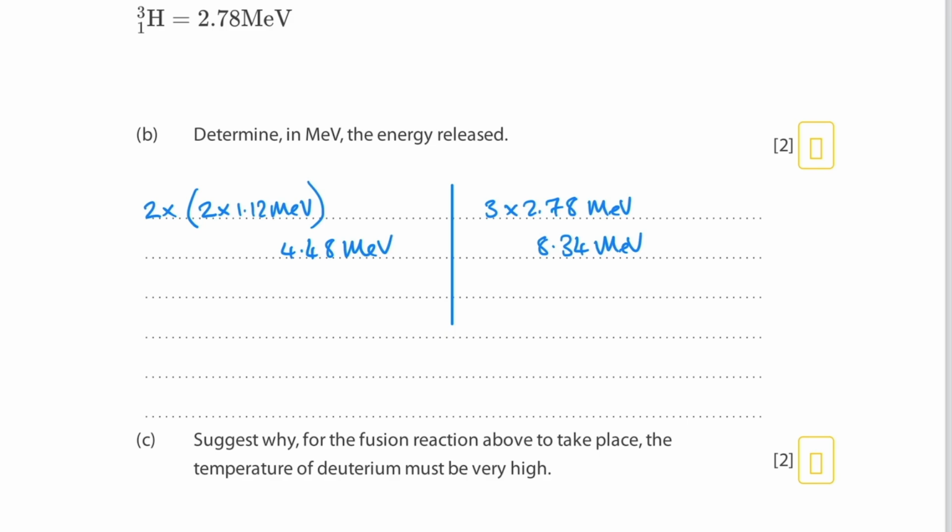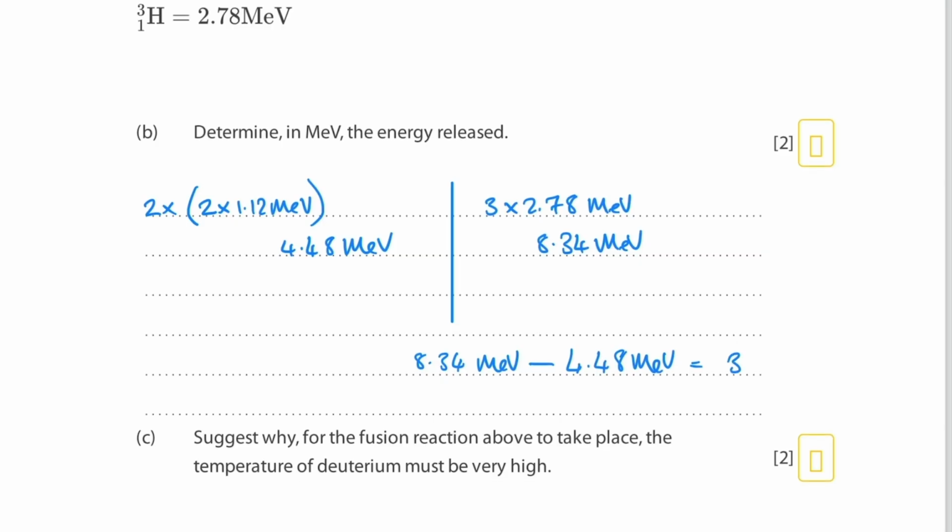And if we take the change in energy, which is the energy released, we do 8.34 MeV minus 4.48 MeV, which gives us an answer of 3.86 MeV. And we can leave it at 3 significant figures because the data is given in 3 significant figures.